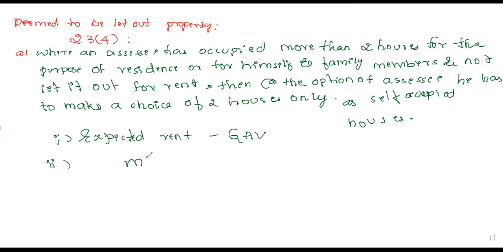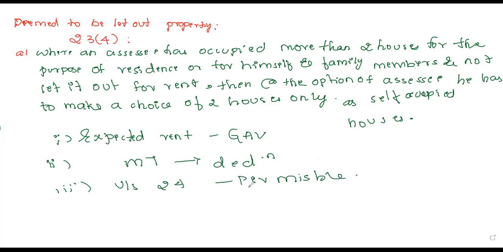In the same way, whatever municipal tax is actually paid goes under deduction, and both the deductions under section 24 will be permissible for a deemed to be let out property. Okay, so these are the things you have to know in deemed to be let out property. Are there any doubts in this? Okay, hope there is no doubt. So now I think I can go with the next part of your theory.